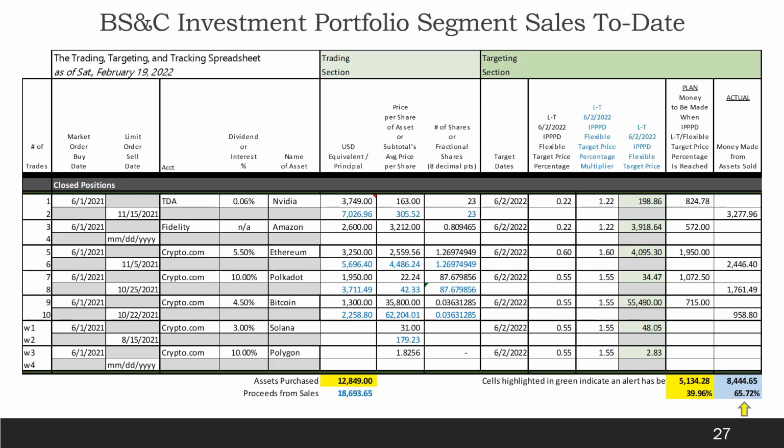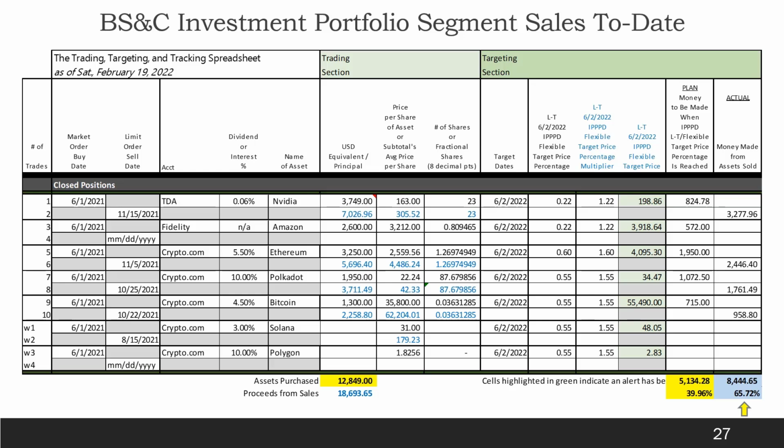To date, we have not closed our $2,600 initial Amazon position. $8,444.65 money made so far, minus $5,844.65 profit equals that $2,600.